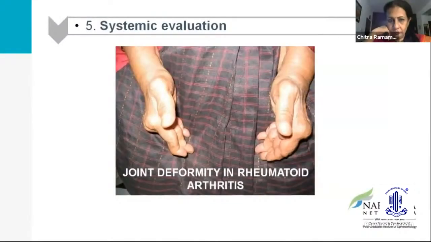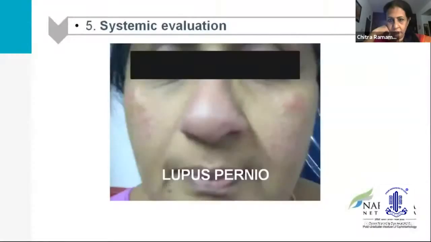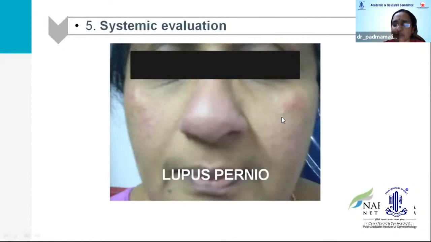Systemic evaluation is most important to give us a clue. If the patient has a deformity like this, then the diagnosis is most obvious: we are dealing with a case of rheumatoid arthritis. If you have lesions like this, lupus pernio, then it's a case of sarcoidosis.